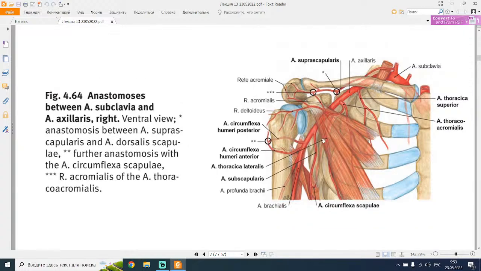What do you see in this picture? You see anastomosis between arteria suprascapularis from truncus thyrocervicalis, arteria suprascapularis, and arteria dorsalis scapularis.